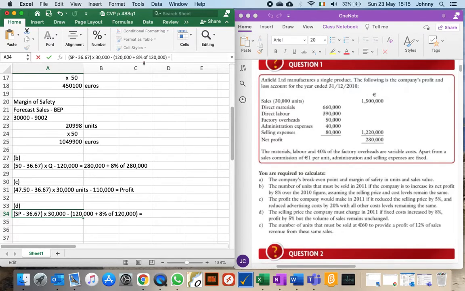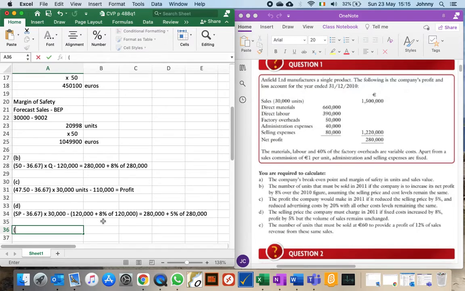And that equals, back to reading the question again, profit increased by 5%. So profit is 280 plus 5% of 280. So again, you work the maths out on that one.